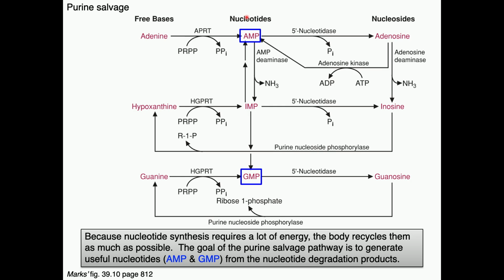And the goal of this pathway is essentially to get something useful, and the useful things would be the adenosine monophosphate and the guanosine monophosphate. Those are things that you can actually use to synthesize RNA or to synthesize DNA. So we're trying to get the GMP and the AMP from free bases or from nucleosides, okay?